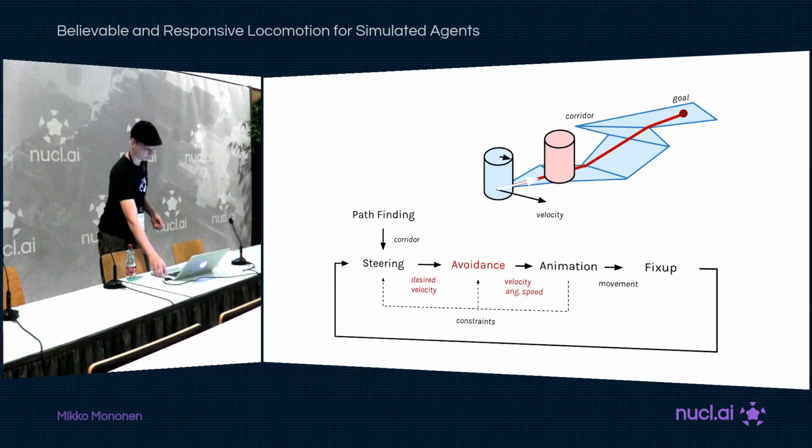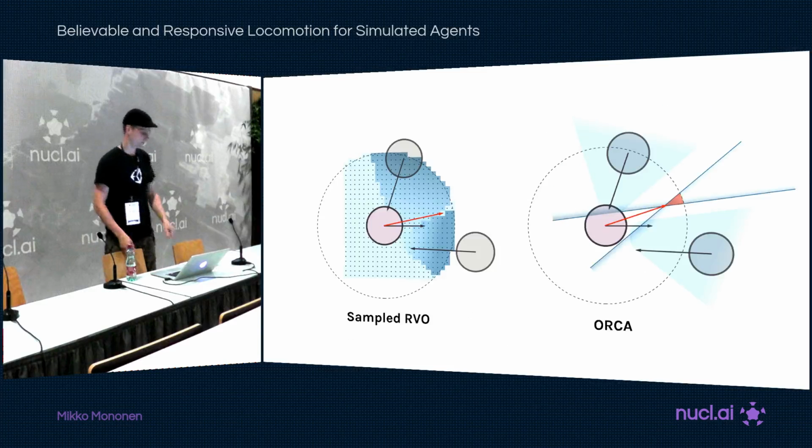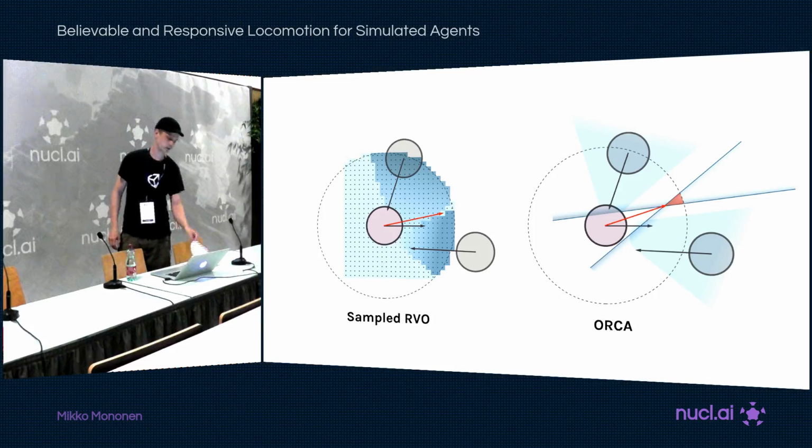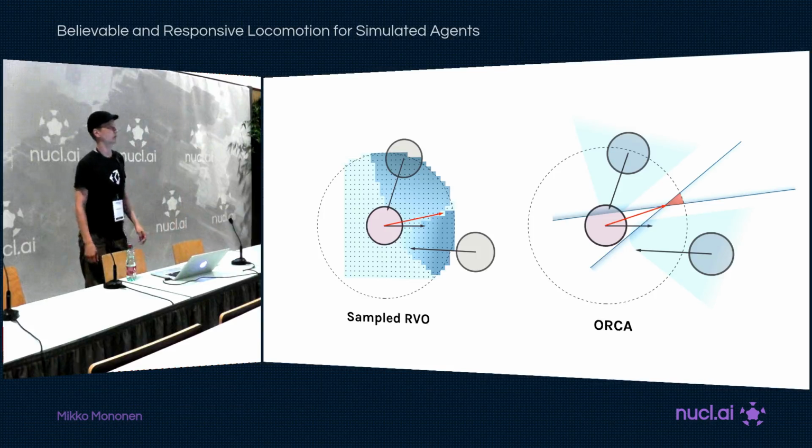There are multiple ways to accomplish this avoidance. We are using something called sampled RVOs, or reciprocal velocity obstacles. The basic idea of velocity obstacles is that if you have someone ahead of you that you want to avoid, you either have to choose left or right to find a path which doesn't collide with the other character.